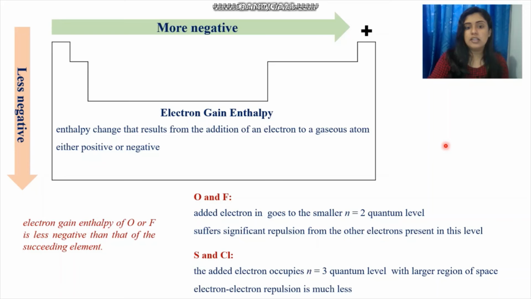But in the case of sulfur and chlorine, the added electron is going to the n equal to 3 quantum level, which is a bigger one. The n equal to 3 quantum level has larger space, so the electron-electron repulsion would be lesser, and that is why they have a higher electron gain enthalpy compared to oxygen or fluorine. This is an exception to the trend that is generally shown here.